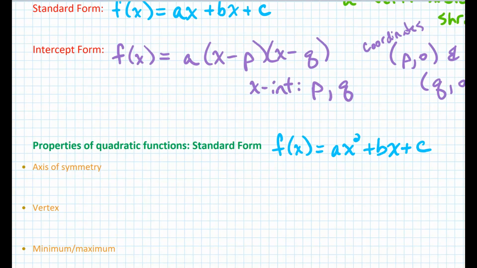Is it like the quadratic formula? It's not the quadratic formula, but you were close. Negative b over 2a. Yes. Axis of symmetry again: x is equal to negative b over 2a.